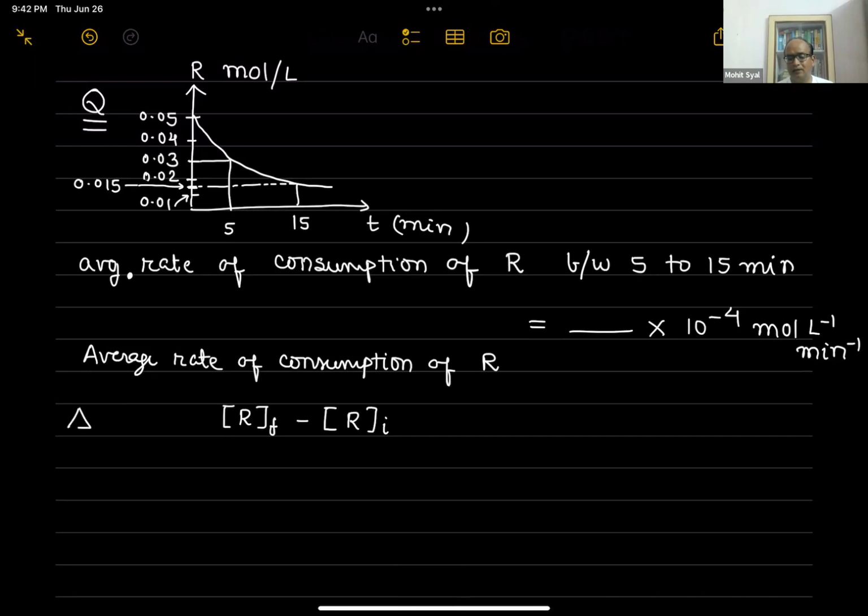This is the change in concentration. Because it is a reactant, it is decreasing, so you need to put a minus outside to make it positive. You need to get the magnitude. T final minus T initial.